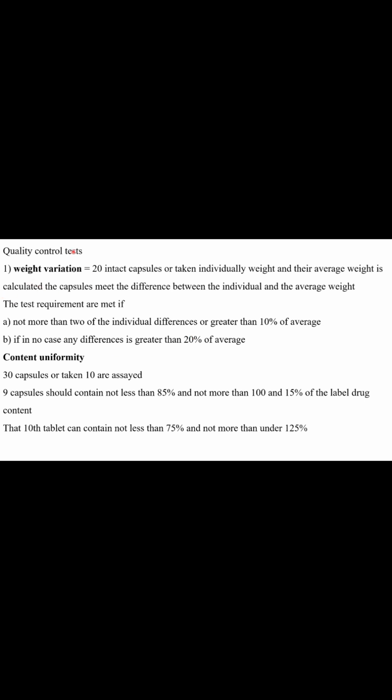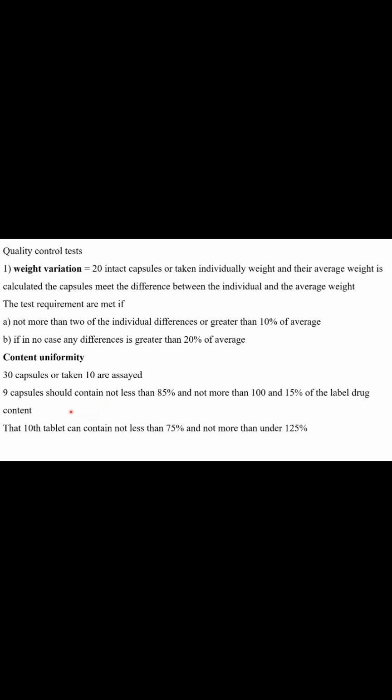And the next one is content uniformity. The purpose of the content uniformity test is to ensure that the amount of active drug inside each capsule is consistent. The procedure: 30 capsules are first selected and 10 of them are tested for drug content.